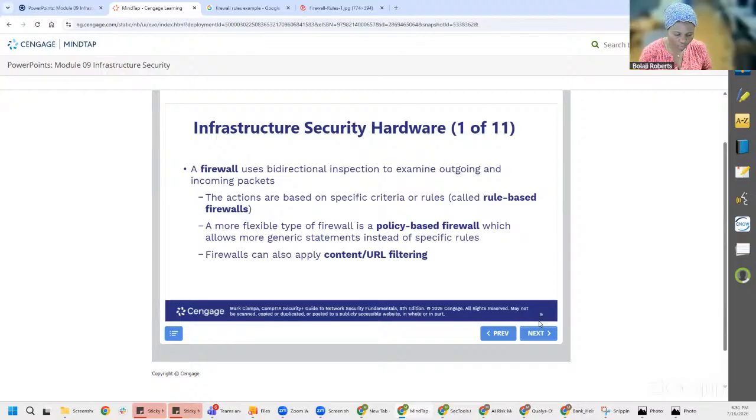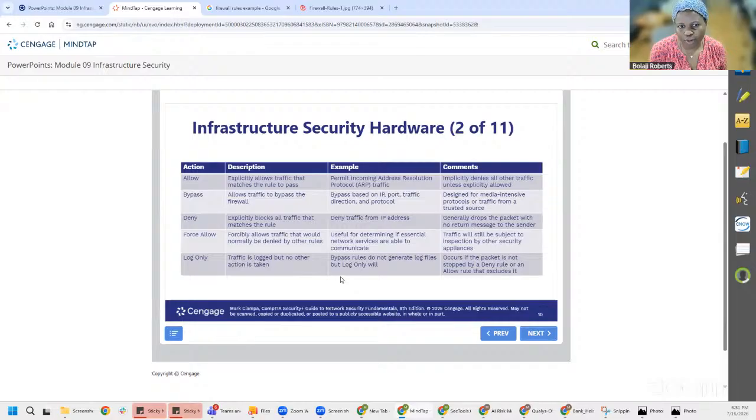So you can say all social media websites, block them from your enterprise, or block them from time to time. All gambling sites, all gaming sites at the enterprise level, block them. It's a content or URL filtering firewall that will do that. And so it can allow, bypass, deny, force allow, or just log, which is just monitoring mode. Okay.